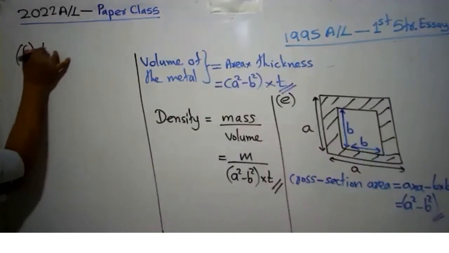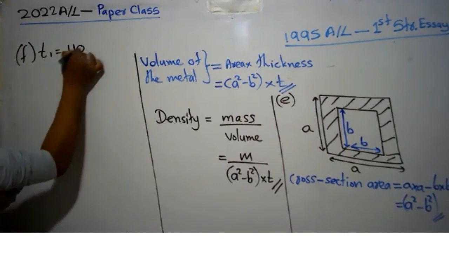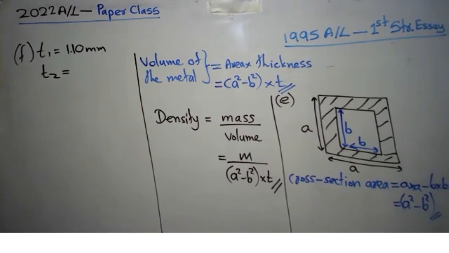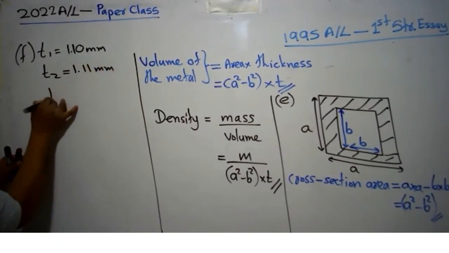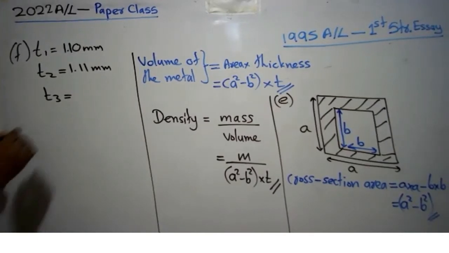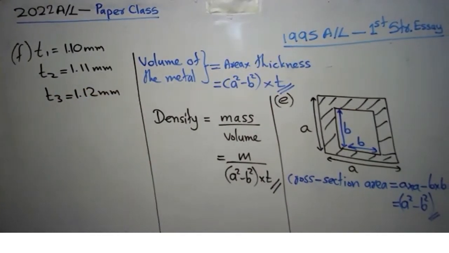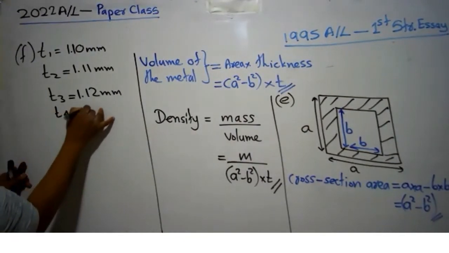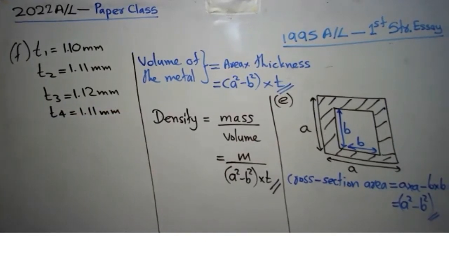The first reading is 1.10 millimeter. Then they measured the thickness at another place of the same plate: 1.11 millimeter. The thickness at a different place is 1.12 millimeter. Then the thickness at another place of the sheet is 1.11 millimeter. Right. Under that they have asked 3 questions.